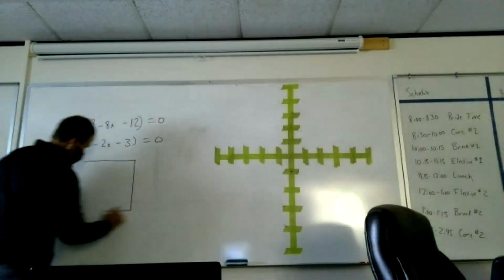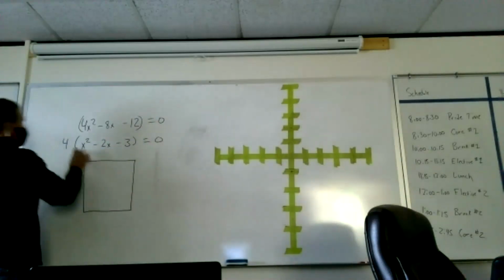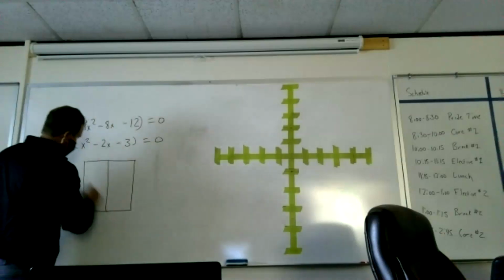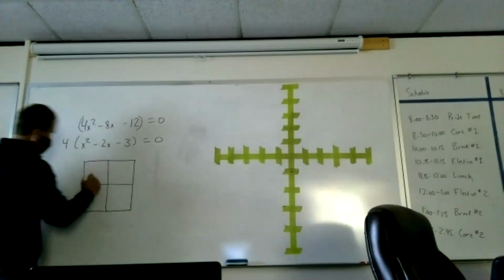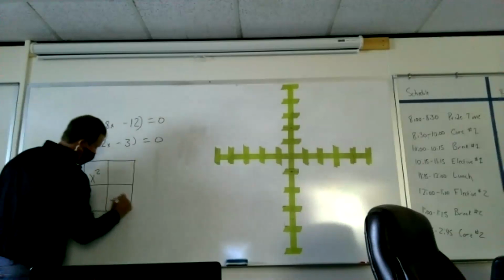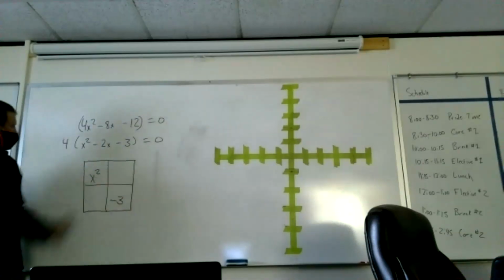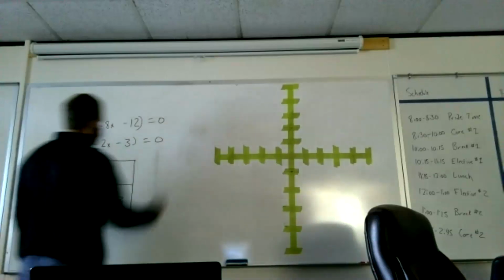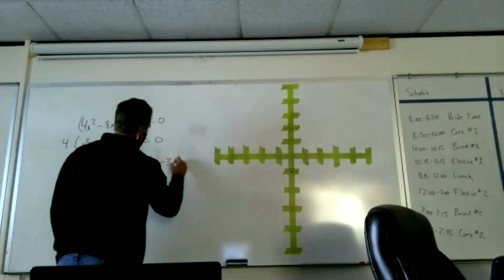So I do it by the box method. So I'm going to take this x squared, that goes in the top left corner. My value for c goes in the bottom right corner. I'm going to multiply these two to get a negative 3x squared.